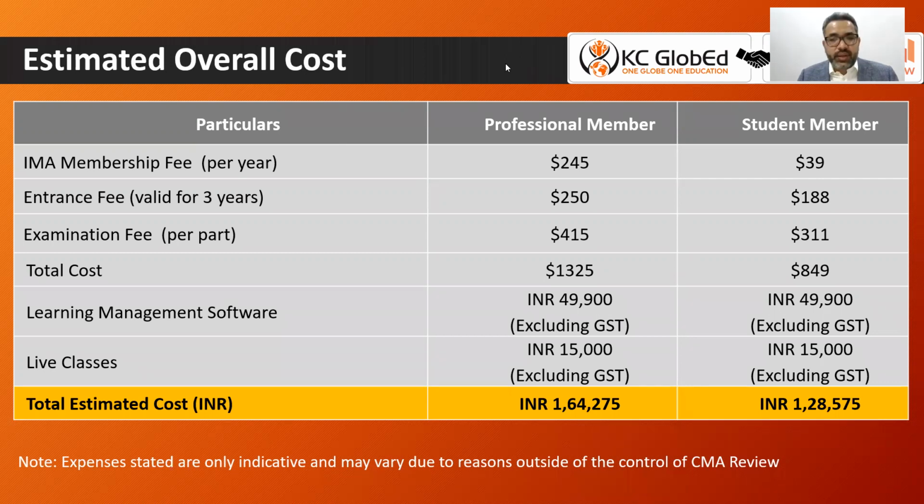You'll be getting access 24/7 for 24 months. This is excluding GST. And then 15,000 is our tuition fees for both the subjects, excluding GST. So the total would be 1,28,000 excluding GST. Including GST, it would be around 1,40,000 as the total cost for you, right?